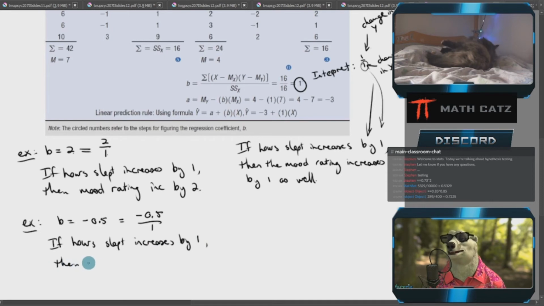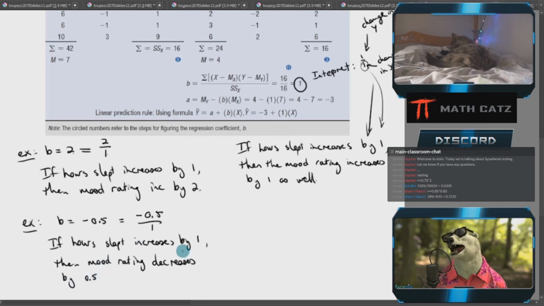Then the top is the mood rating. Now it's a minus, so that means mood rating decreases by 0.5. So if I increase my hours slept, according to this, my mood goes down by a half.